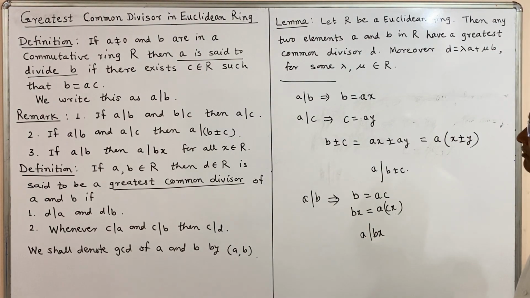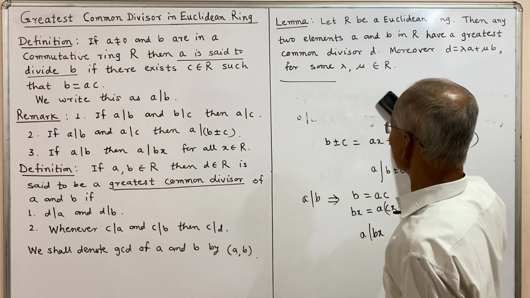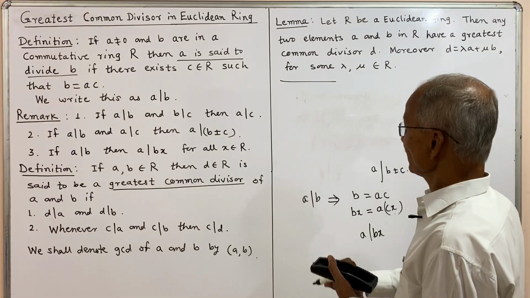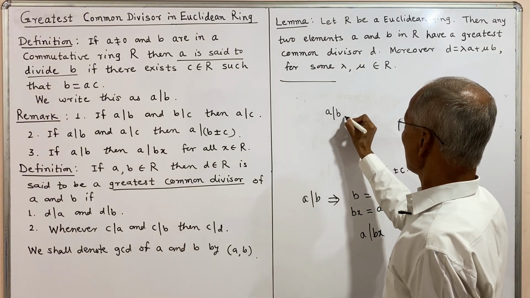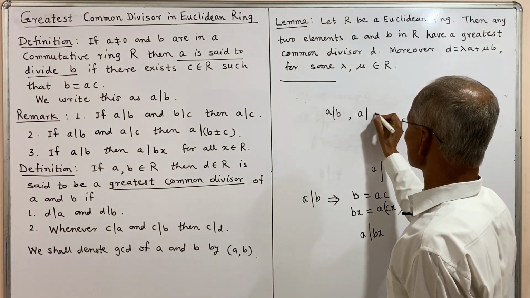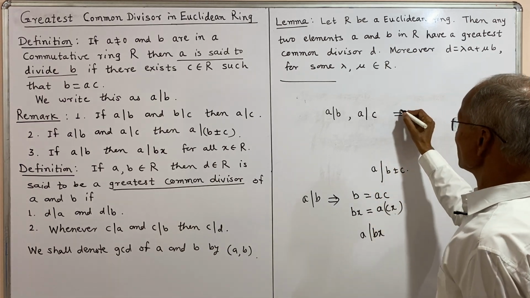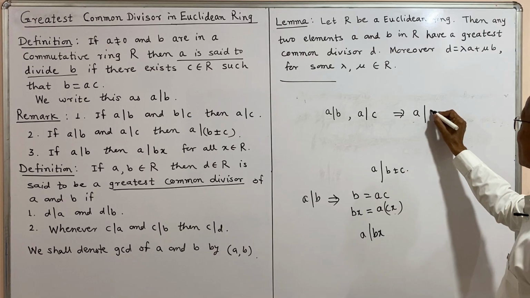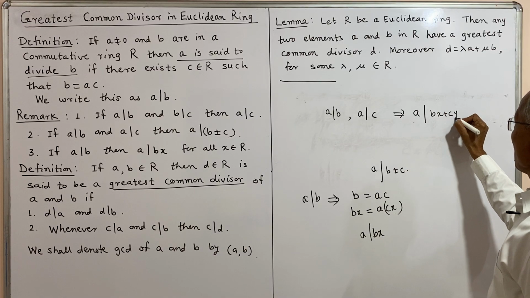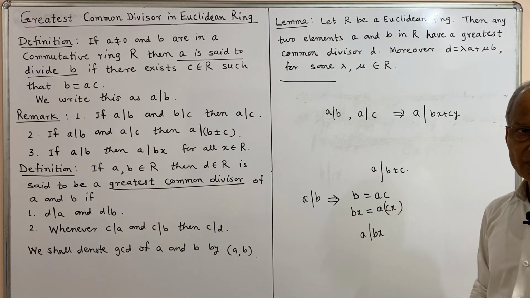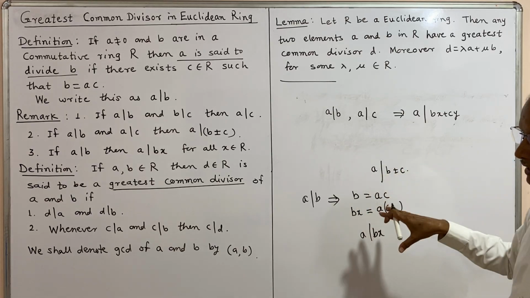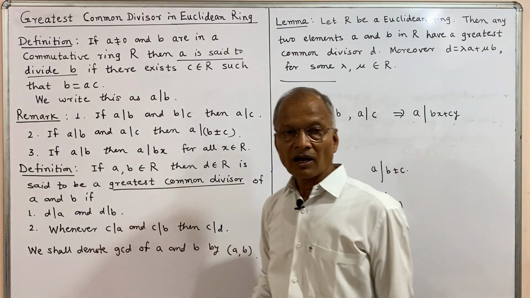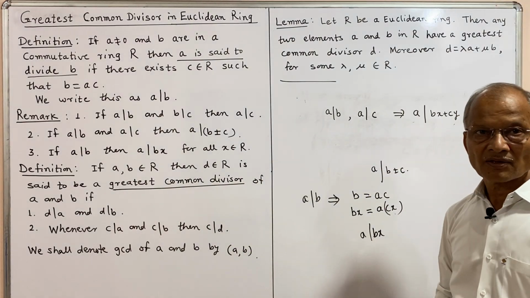Or in general, the result can be written as, if A divides B and again A divides C, then this implies A divides the combination of B and C, that is Bx plus Cy for some x, y belonging to R. All these are considered now as elements of a commutative ring R and not necessarily integers.